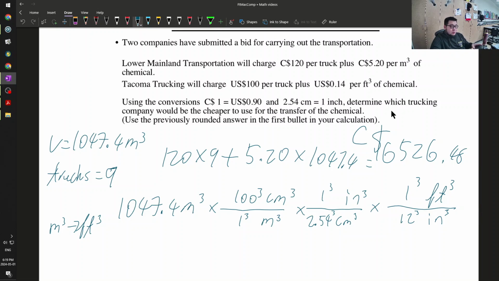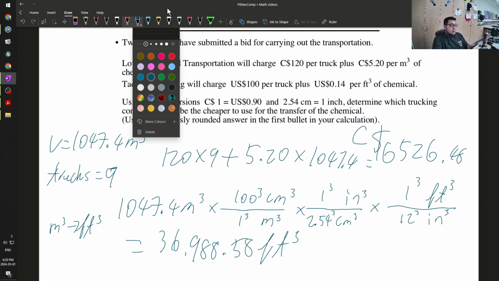Okay, so I'll do it on my calculator. And we get 36,988.58 feet cubed.